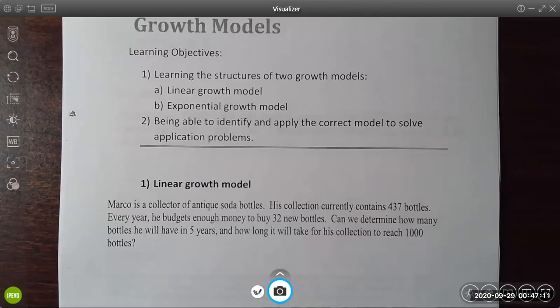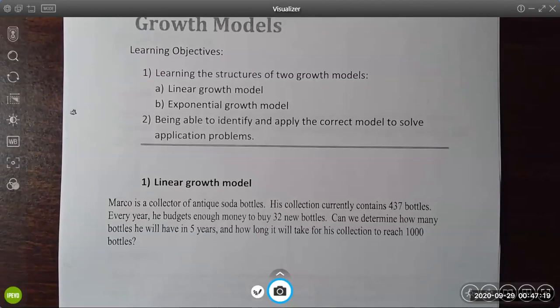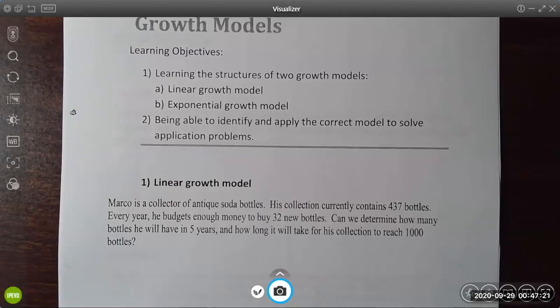That's why we learn modeling, so that we can solve problems in a systematic way. This 437 is the initial number, the total collection he has currently, and then year after year, his collection is going to increase by 32 bottles. So let's see how we develop this.